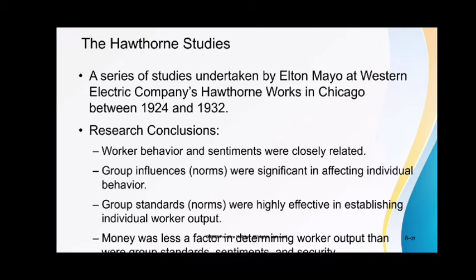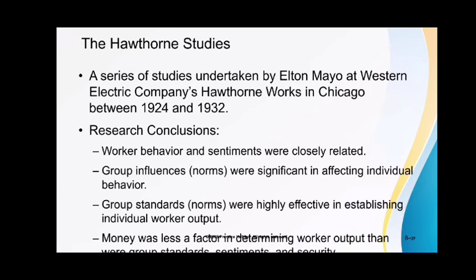Next is the Hawthorne studies, a series of studies undertaken by Elton Mayo at Western Electric Company's Hawthorne Works in Chicago between 1924 and 1932. Research conclusions: worker behavior and sentiments were closely related.